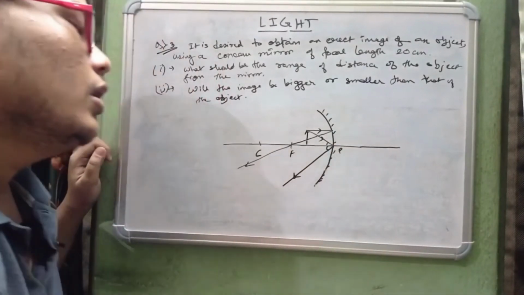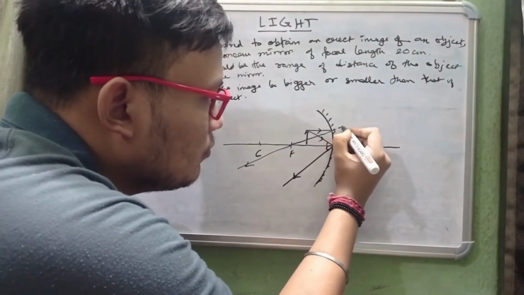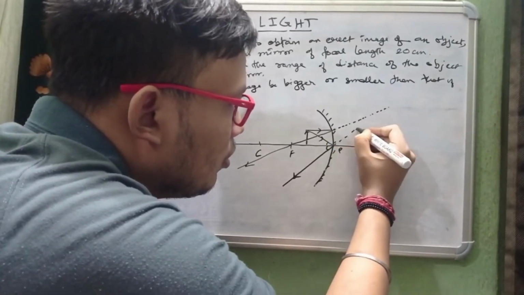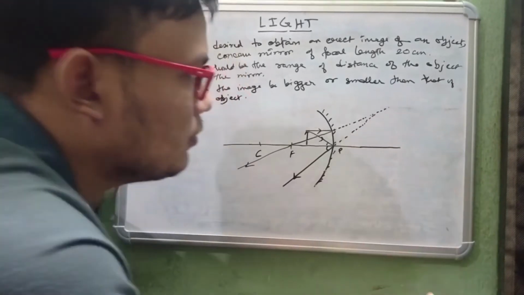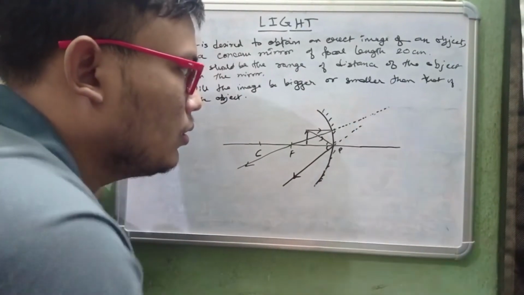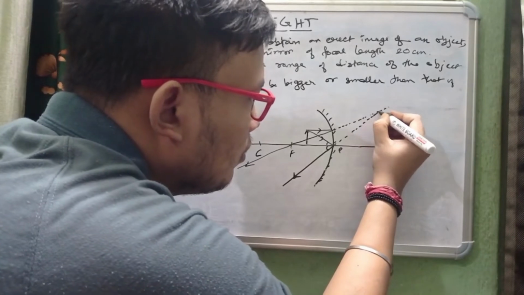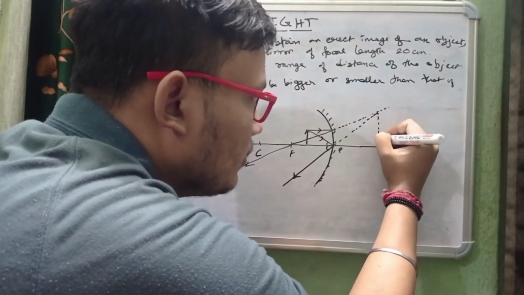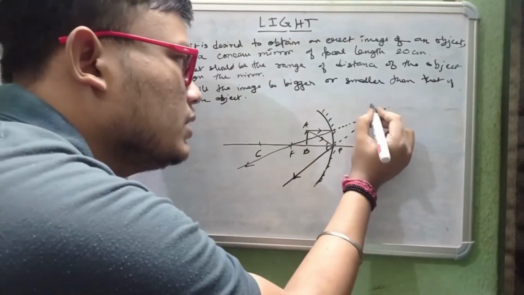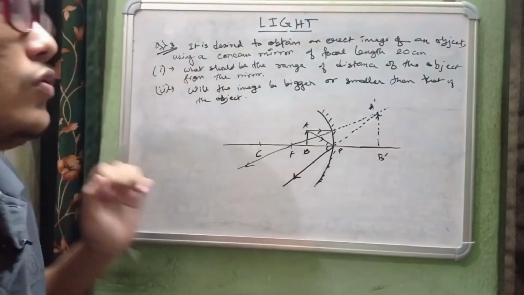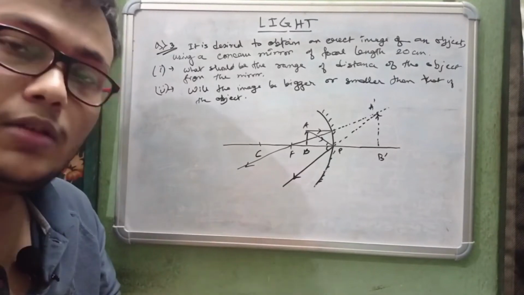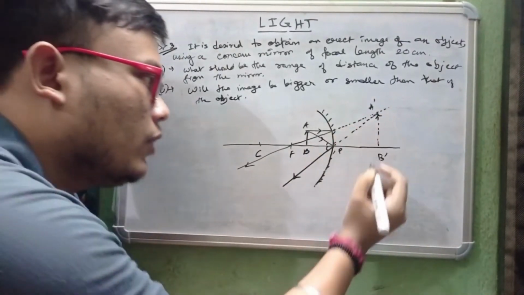So if I extend them backwards, something like that, what we get is an erect image, right? Let's say that the object was AB, the image is A bar, B bar. So what we can notice from here is that if we extend the rays backwards, that is behind the mirror, we get a virtual image.